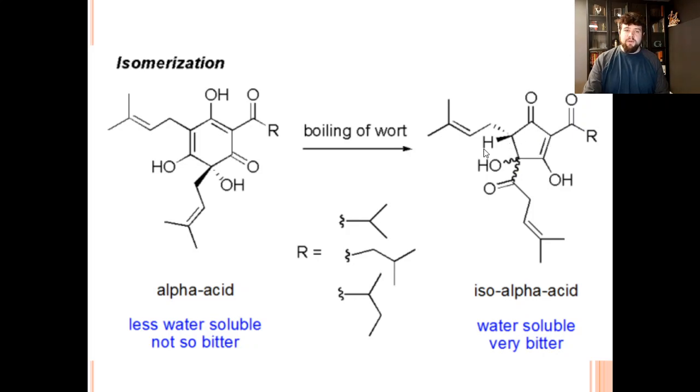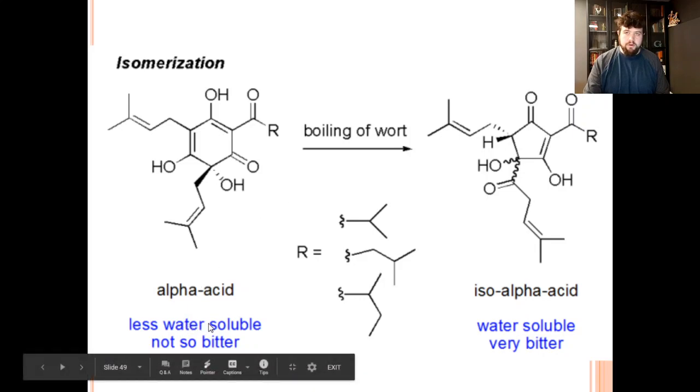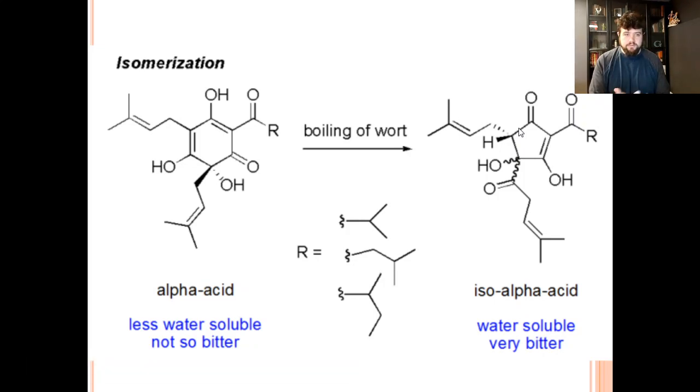This may not seem like a big deal, but it turns this less water-soluble and not so bitter compound into a very water-soluble and very bitter compound. It's only because this reaction can occur that we actually get the bitterness associated with hops. That's the main reason.